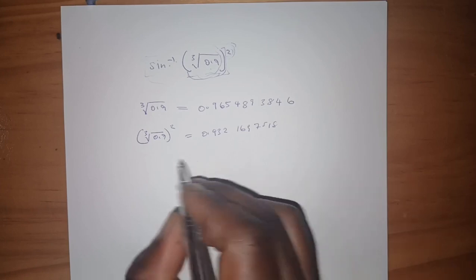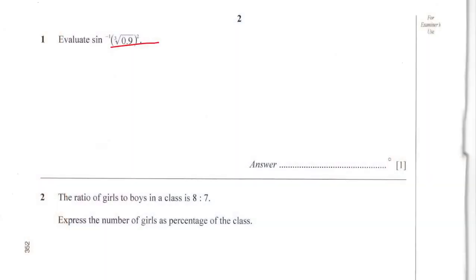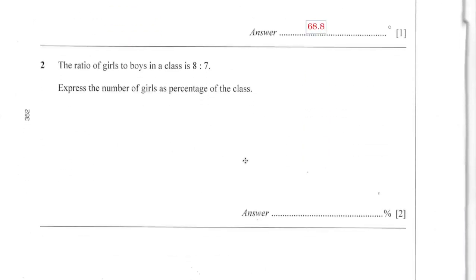This is going to give you 68.7756058, and then correct to one decimal place, it is 68.8 degrees. That's the correct answer for this question.